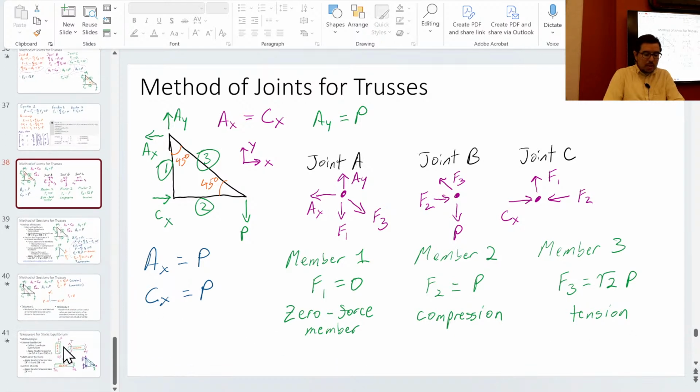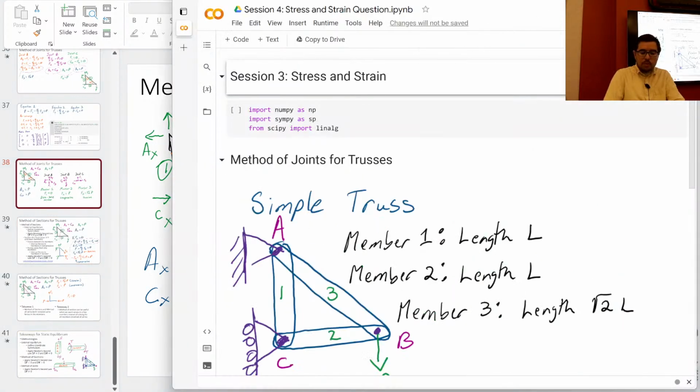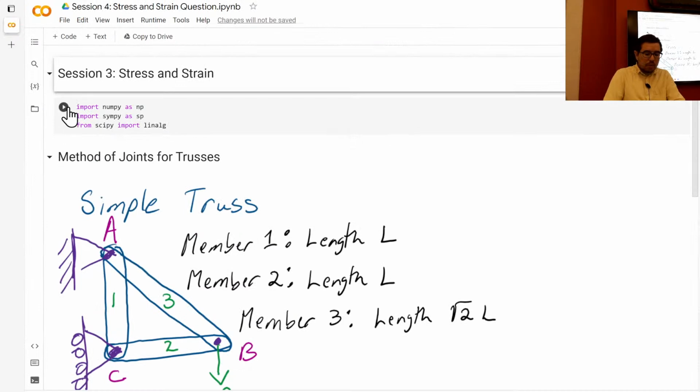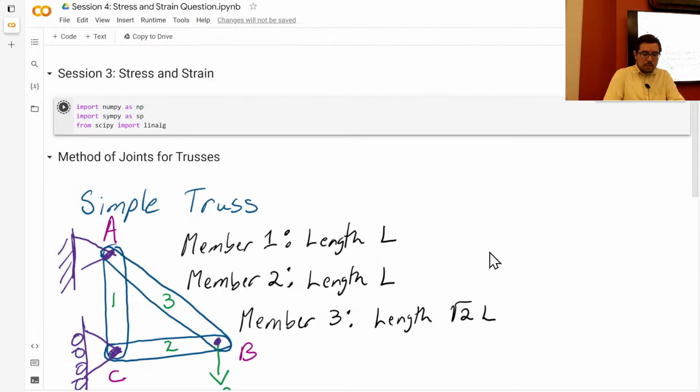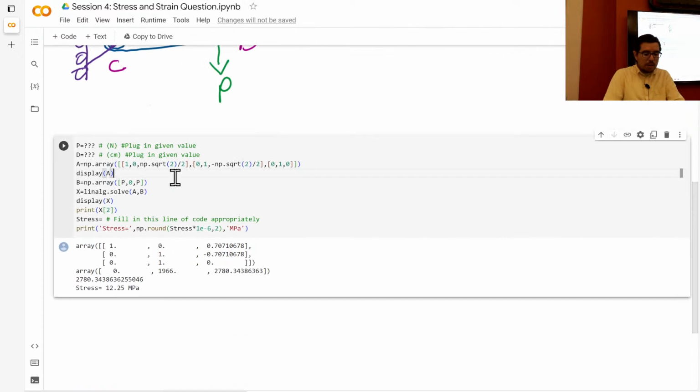Another way of doing this is to use linear algebra and to use the collab. That's what people were wanting to know. So here you go. First, run the first part, and then you come down over here.